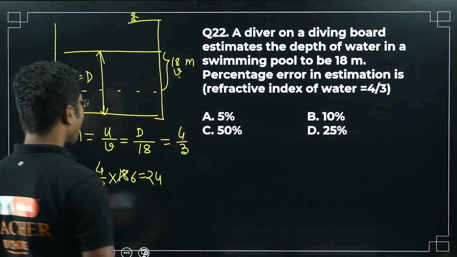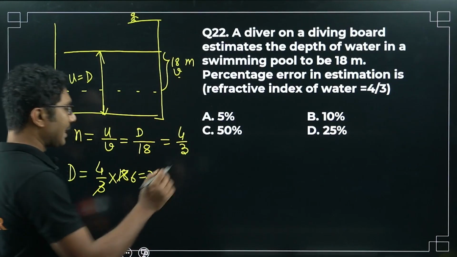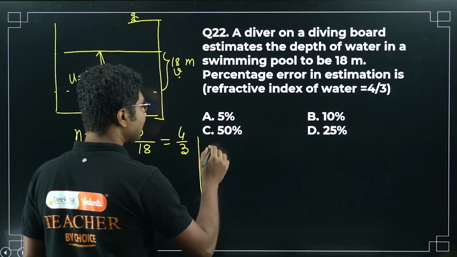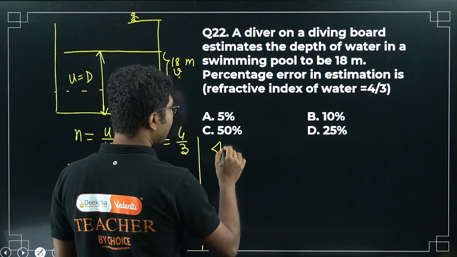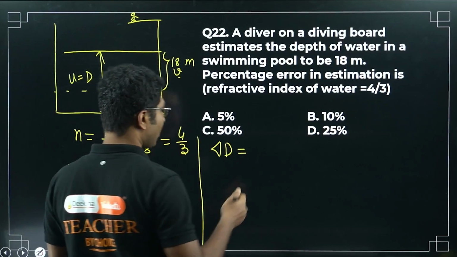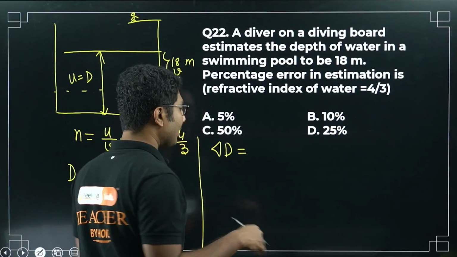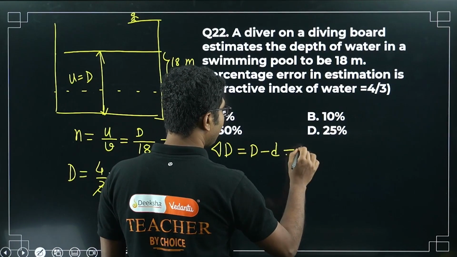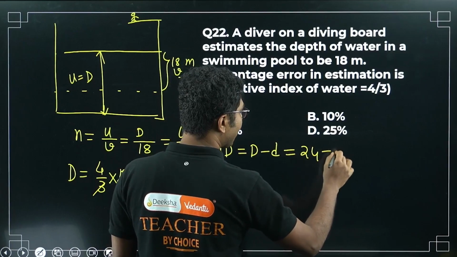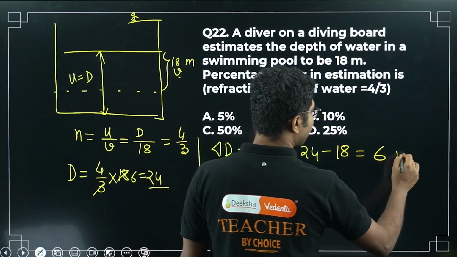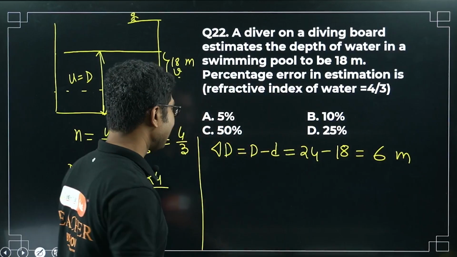Now they have not asked you about the actual depth, they have asked you the percentage error. So how to do the percentage error? What is the difference between the measured depth and the real depth? 24 was the actual depth and he measured it to be 18 meter, so the difference is 6 meter. Now what is the percentage error?